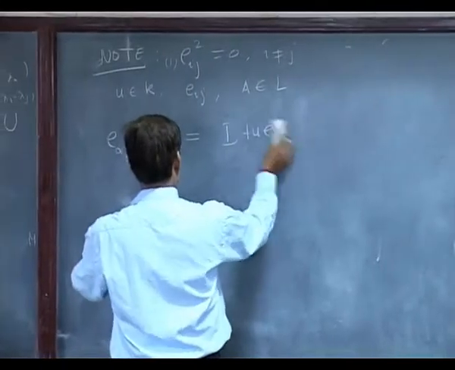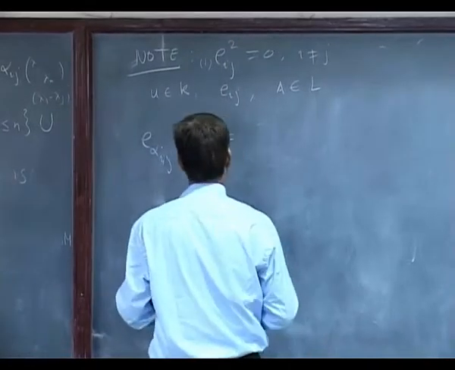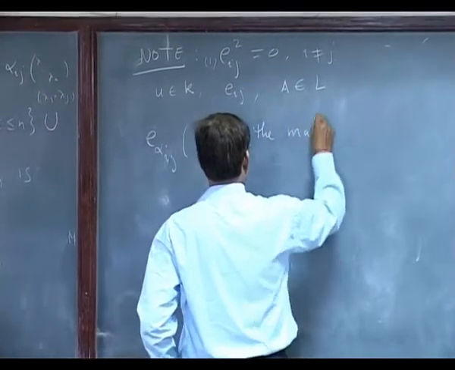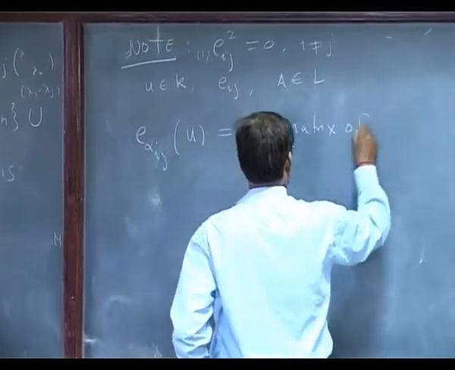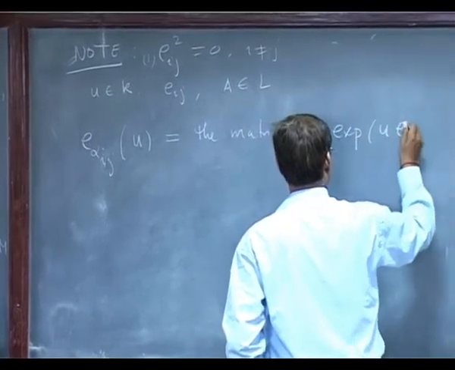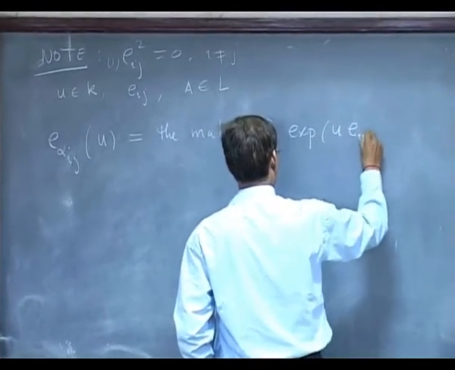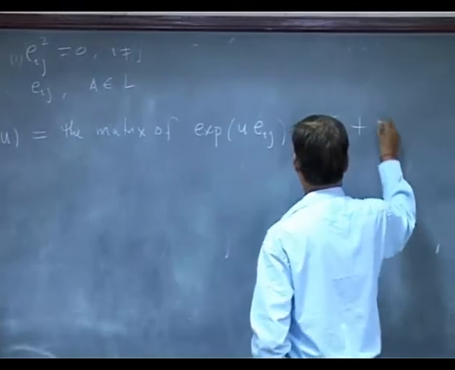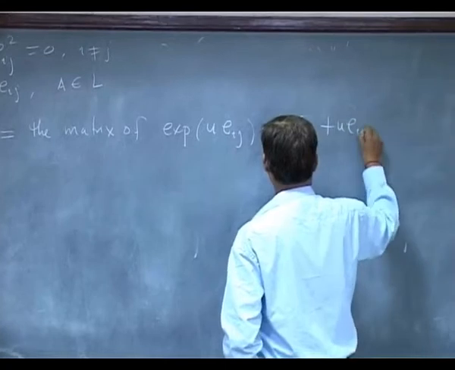In fact, this is the matrix of the exponential of u e_ij, which is nothing but the identity plus u times e_ij.